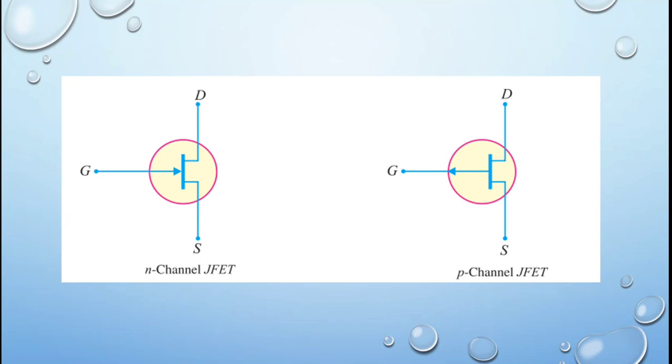Whether it is an N channel or P channel, N channel means the arrow mark is directed towards the channel, and P channel means the arrow mark comes away from the channel. This is the symbol for N channel and P channel JFET, junction field effect transistor.